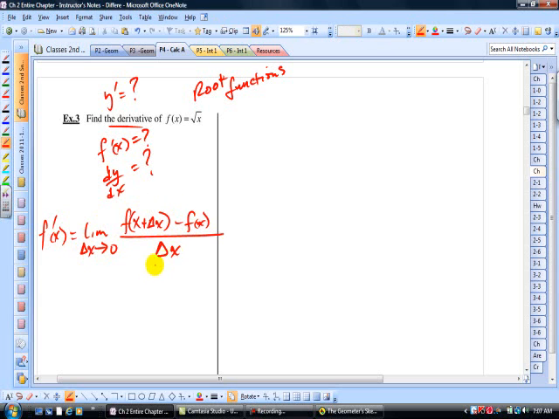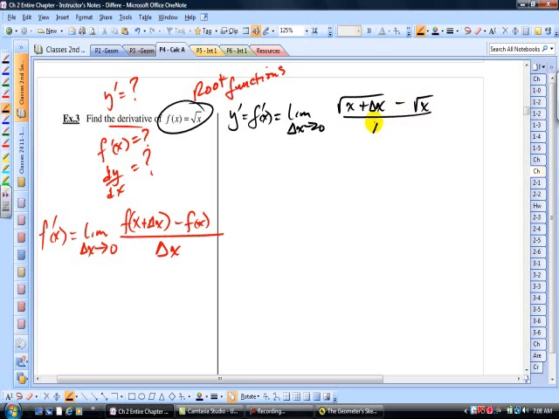And again, you want to try to remove the delta x so you can evaluate your limit. Okay, so let's go for it here. y prime or f prime, whatever terminology you want to use, is equal to the limit as delta x approaches 0 of the square root of x plus delta x minus the function itself, root x, all divided by delta x.